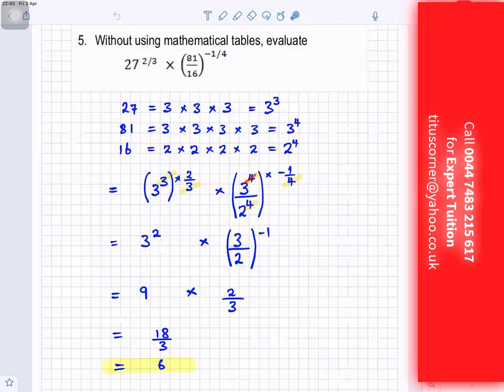This 4 will cancel with that 4, and this 4 will cancel with that 4. So you're left with 2 over 3 to the power minus 1, which is 1 over 3 over 2, which will give you 2 over 3. So 9 times 2 over 3, 9 times 2 is 18. 18 divided by 3 is 6.